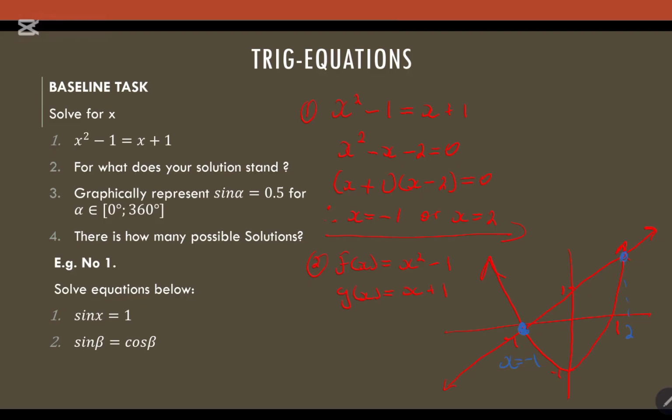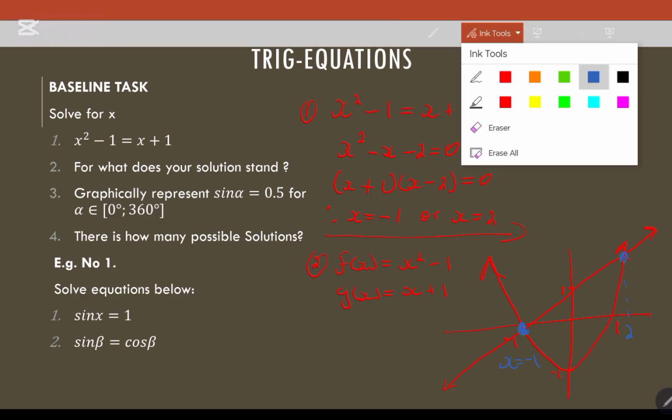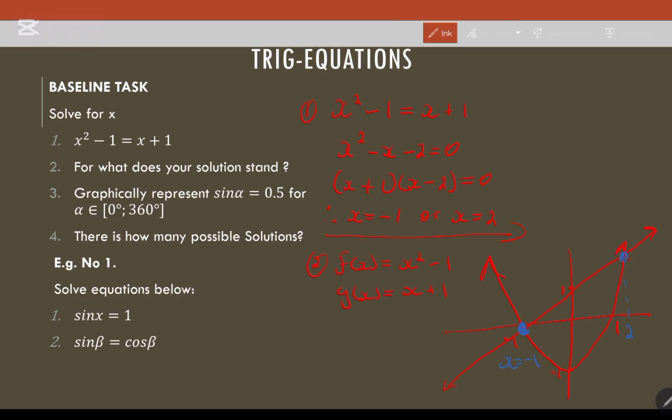What does question number 3 say? They say graphically represent sine alpha is equal to 0.5 for the domain of alpha is an element of 0 to 360 degrees. So let me draw this graph here. So this is question number 3.